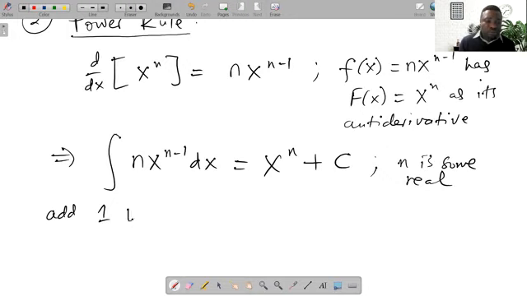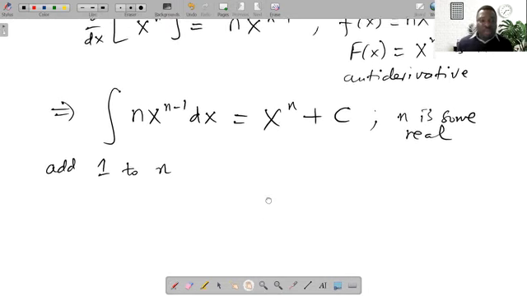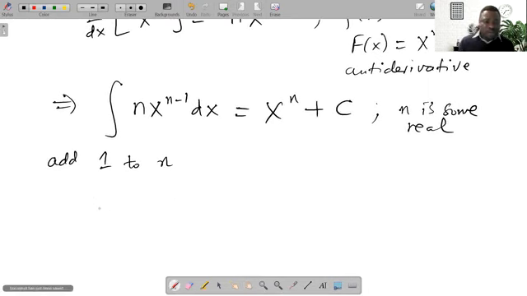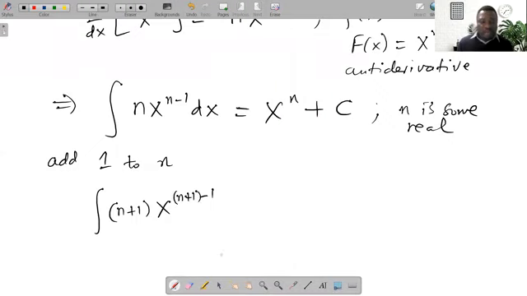So anywhere else that you see n, I'm just going to add 1 to it. Just bear with me here. So you have a case like this, n plus 1, n plus 1 minus 1, right? Because I'm just adding 1 to n anywhere else that I see it. Is that okay? dx.